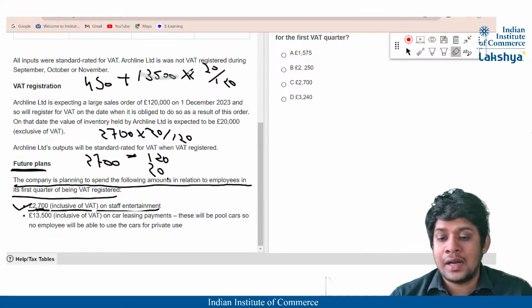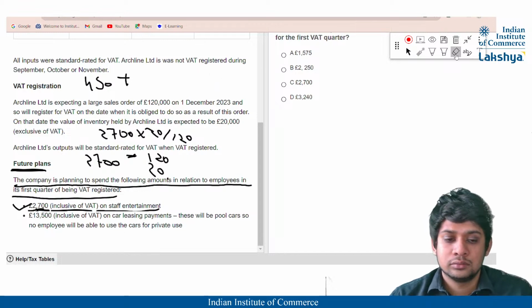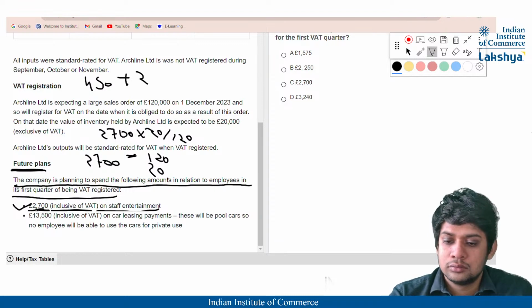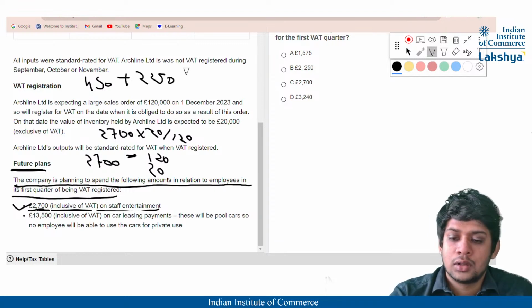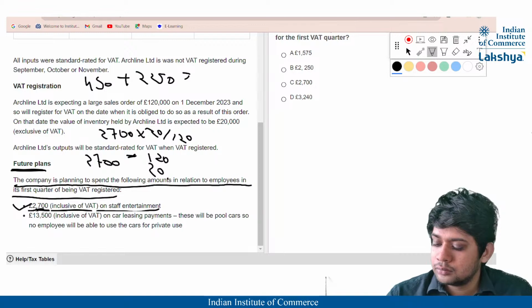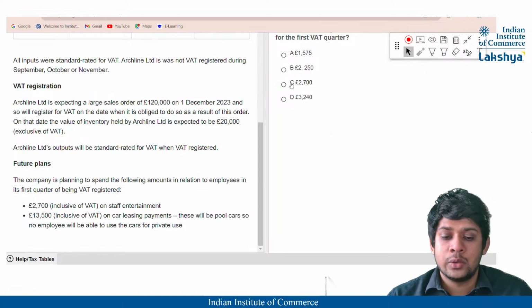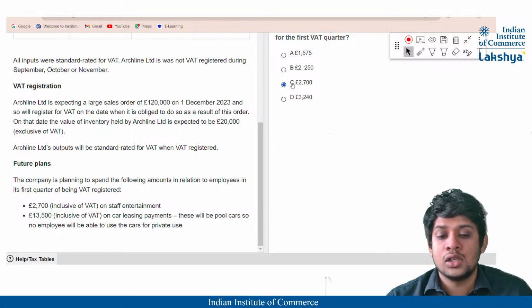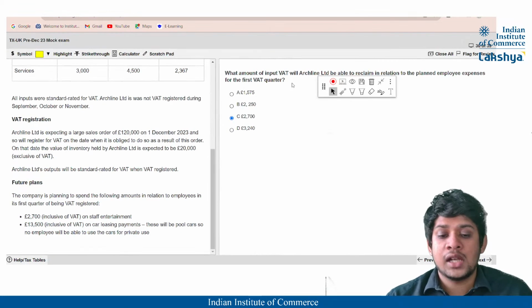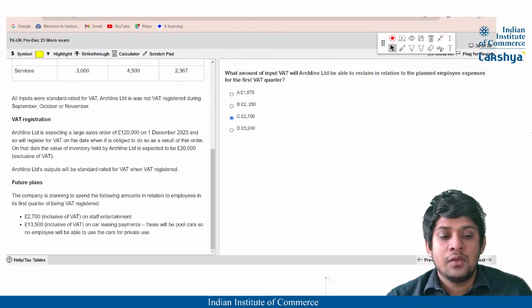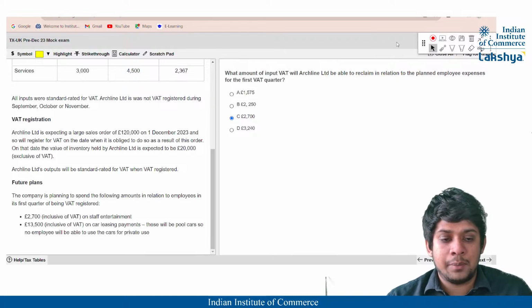So the total input VAT that I can claim is 450 plus 2250 on the car leasing, which gives me 2700, right? So we'll click on the option 2700. Okay, guys, I hope this is clear. With this, we are done with our paper.